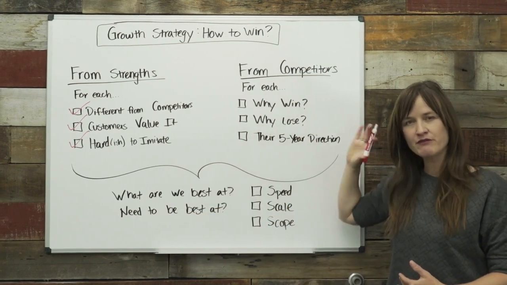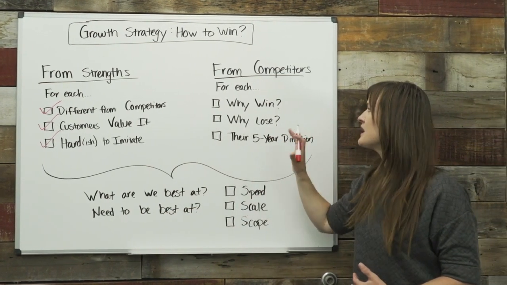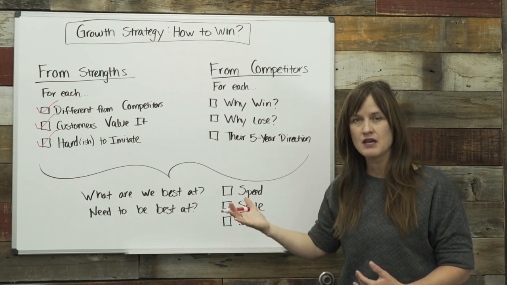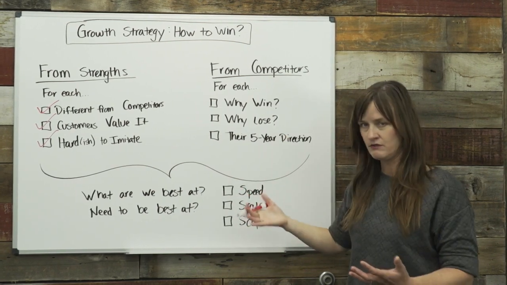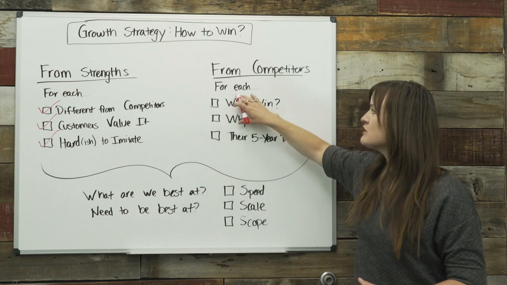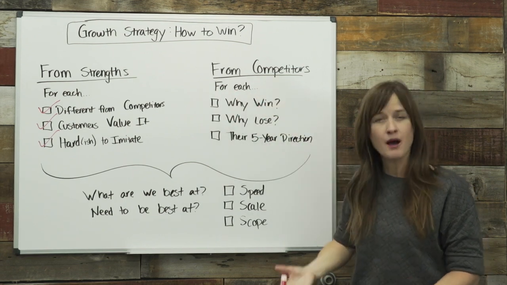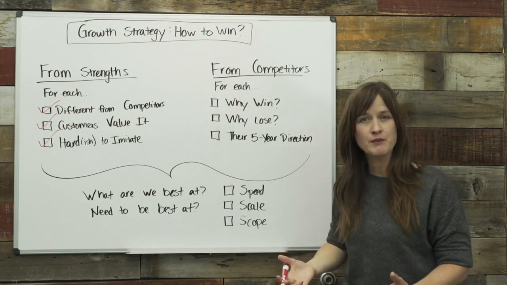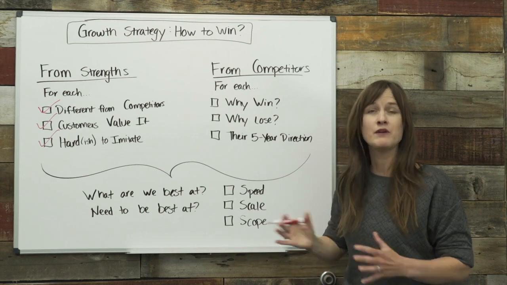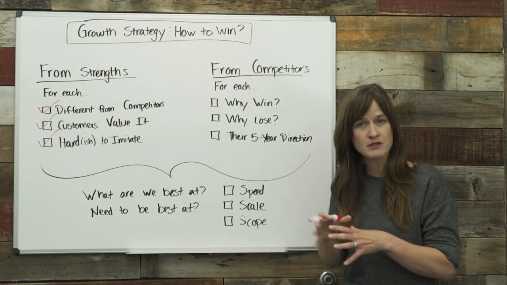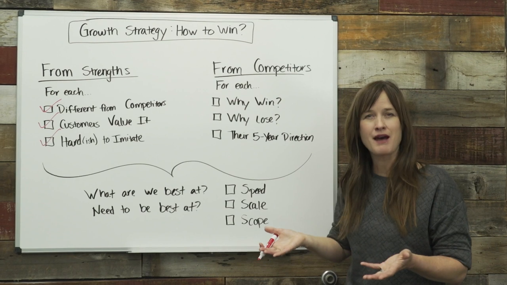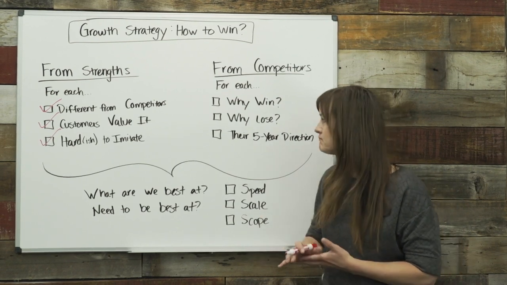Part two, let's take it from a different lens. Let's take it from a competitive analysis perspective. So pulling out a grid again, for each of your competitors, let's pick your top competitors. Some people have a lot of competitors, or there might be so many competitors that you might need to group them. So either way, let's say your top 5, just to make it easy.